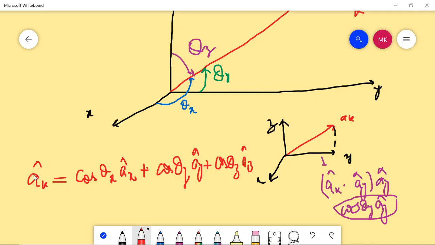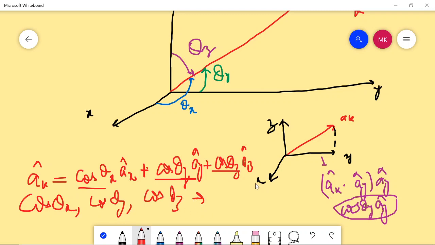You can decompose the ak vector in terms of ax, ay, and az using these angles. These are called the direction cosines. So cos theta x, cos theta y, and cos theta z are called the direction cosines.